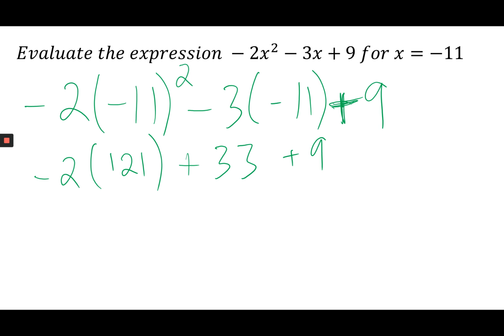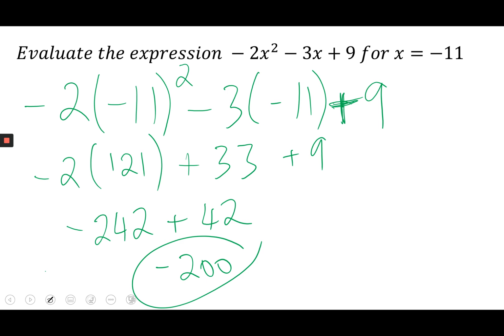Negative 2 times 121 is negative 242. Plus 33 plus 9 is 42. Negative 242 plus 42 is negative 200. Thank you.